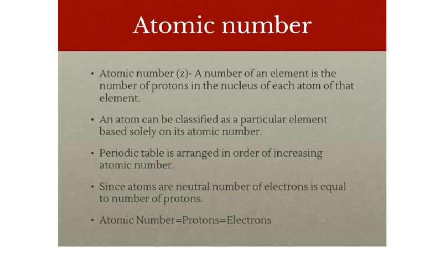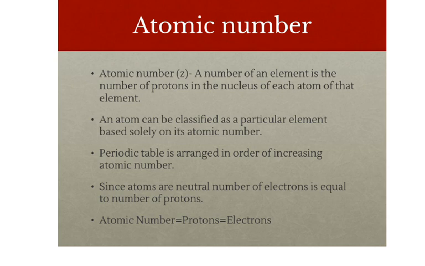So your atomic number equals your number of protons. Your atomic number never changes, so your proton number never changes. It's a distinguishing feature of an element. An atom can be classified as a particular element based solely on its atomic number. For example, any atom with an atomic number of 8, whose nucleus contains 8 protons, is an oxygen atom.